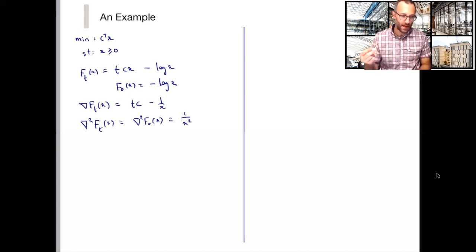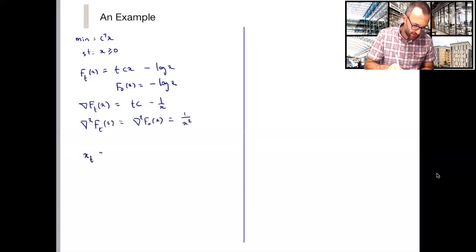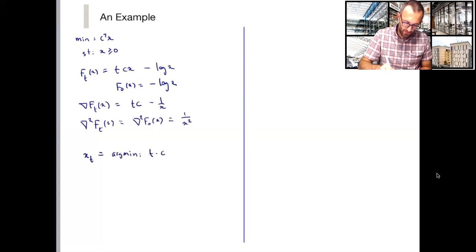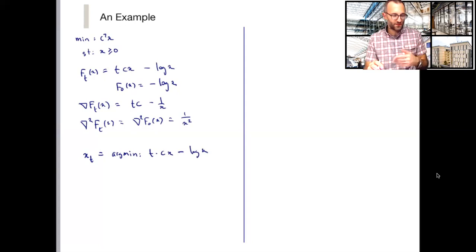So now let's compute what our optimal solution is, xt. Xt is by definition equal to the argmin of t times c transpose x minus log x. I just take the derivative, set it equal to 0.